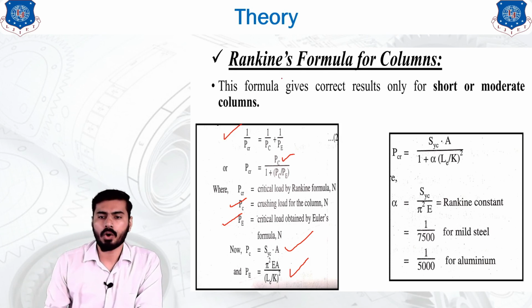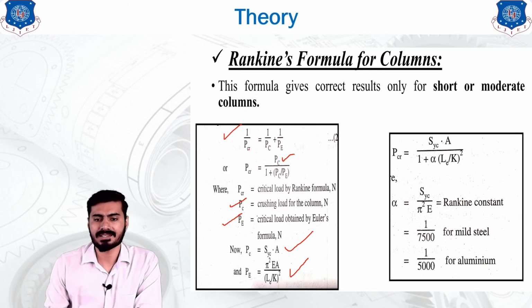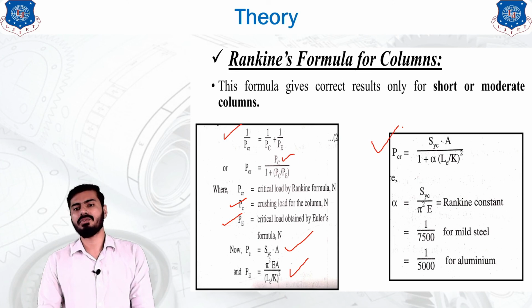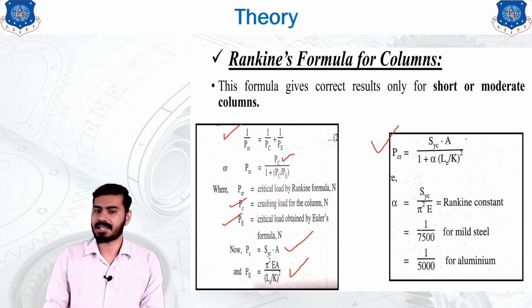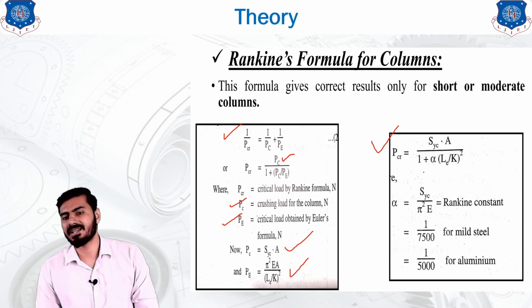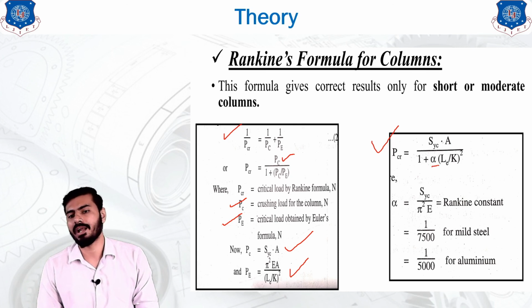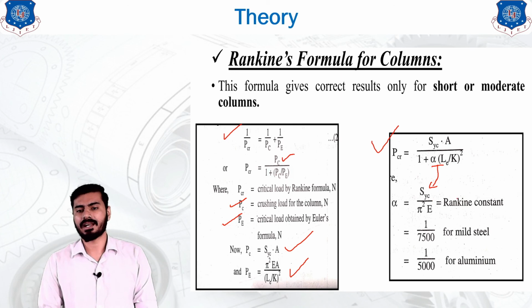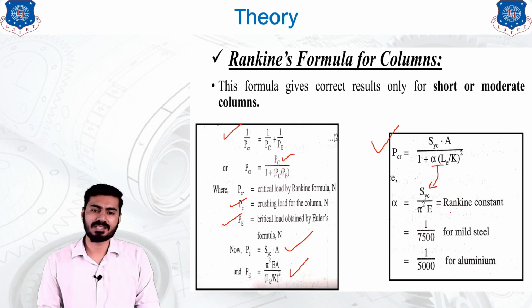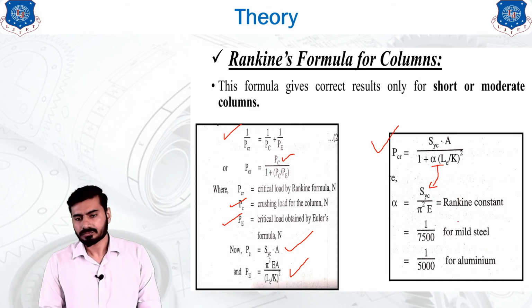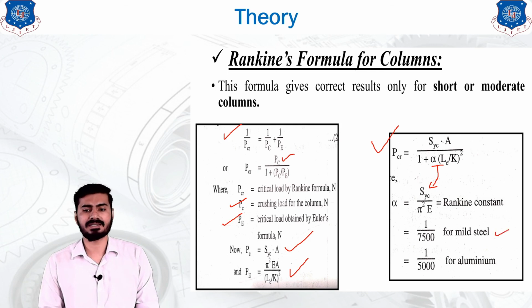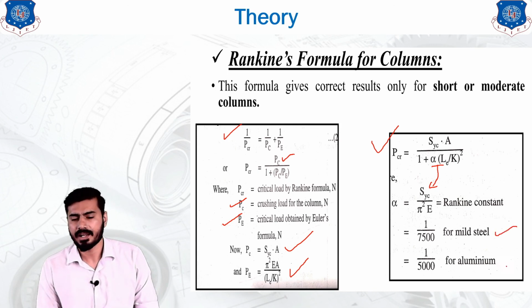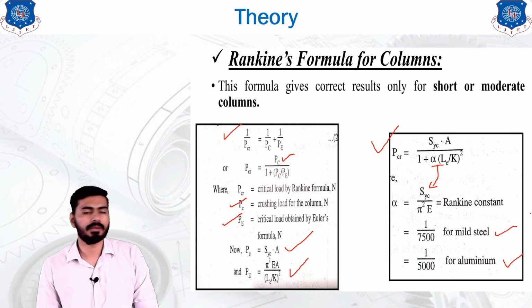Now if you put all those values into this equation and simplify, you will get SYC into A upon 1 plus alpha LE by K square, where alpha is the Rankine constant, given by SYC upon pi square E. The Rankine constant for mild steel is taken as 1 upon 7500, and for aluminum as 1 upon 5000.